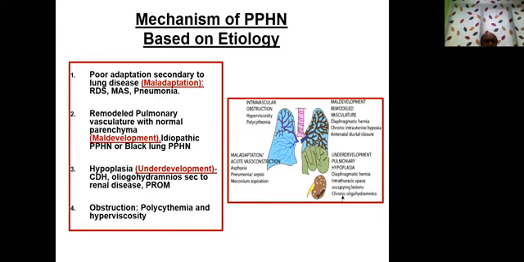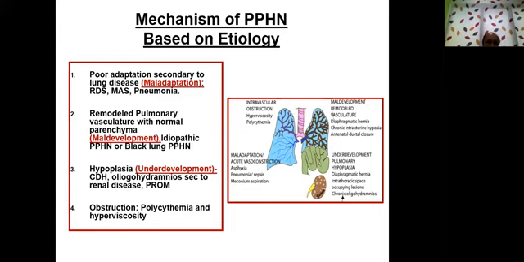Or there is a problem with maldevelopment where the pulmonary vascular bed is remodeled, and these are the babies who are highly difficult to manage initially, and they might require longer time to come out of mechanical ventilation or all the medications we use to treat PPHN. This is what is classically called idiopathic or black lung PPHN.